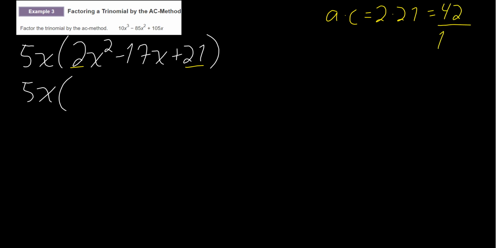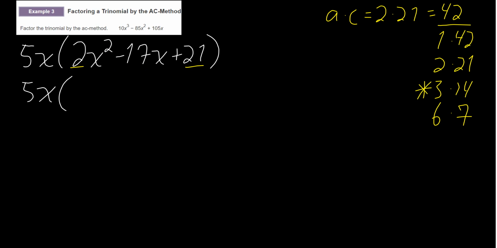One times 42, 2 times 21, 3 times 14, 6 times 7, and then 7 is just times 6. Okay, so now I'm going to ask myself, okay, so of these 4 factors here, which factors, when I add or subtract them together, will give me a negative 17? Okay, well, that would be a negative 3 and a negative 14.